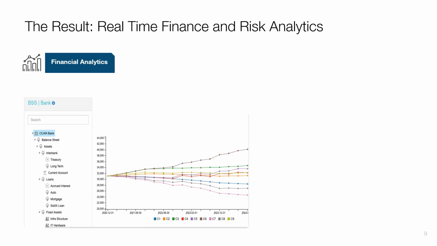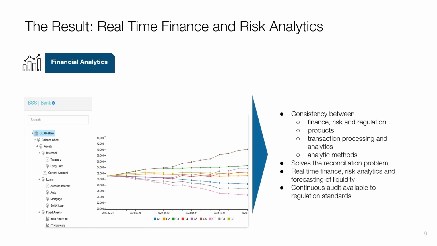ACTUS is the base for the best strategic planning and budgeting tool. You can define your strategic plans very intuitively based on contract types, and you will always get meaningful output such as P&L, future balance sheets, as in this example, the evolution of equity, and expected liquidity. The features of these analytics allow a level of consistency which has never been achieved so far.